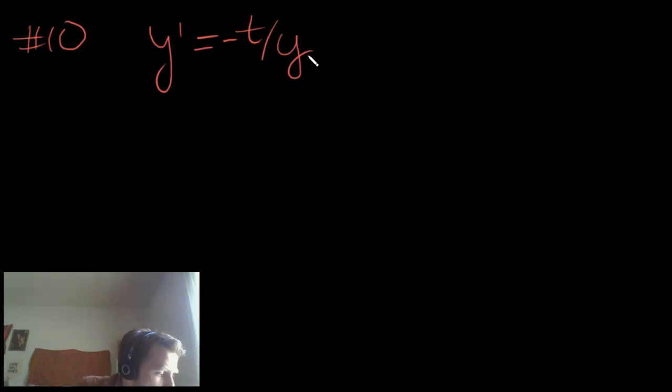Great, let's go ahead and look at problem number 10 here. So problem number 10 asks us, using the equation y prime equals negative t over y, to use the corresponding direction field that's given in the diagram to draw some solutions.